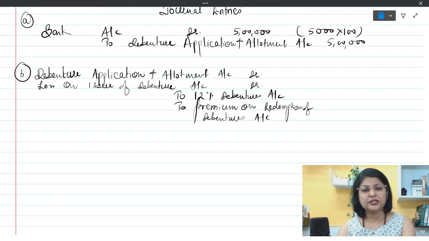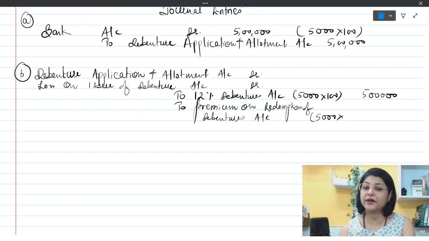Now very important, when we write the number of debentures multiplied by face value, it comes in front of the debenture account, because always the face value goes over there. Here we are going to write the amount of loss. So 5,000 multiplied by, what is the amount of loss? 5%. So 100 rupees multiplied by 5% is 5. 25,000 is the loss amount.